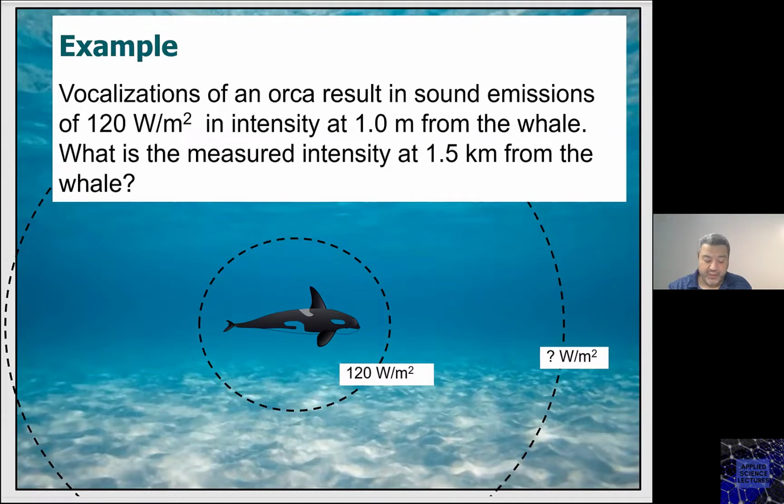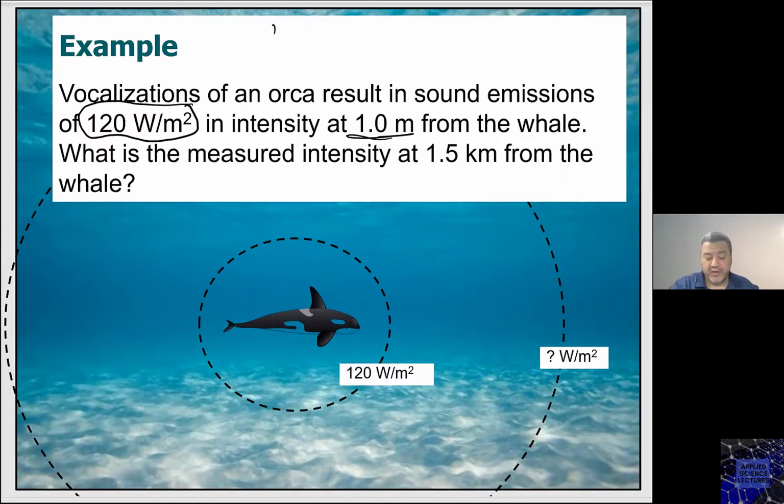An example for the expression we just derived for the intensity. Example: vocalizations of an orca result in sound emissions of 120 watts per meter squared. So this is the intensity, 120 watts per meter squared at 1 meter.